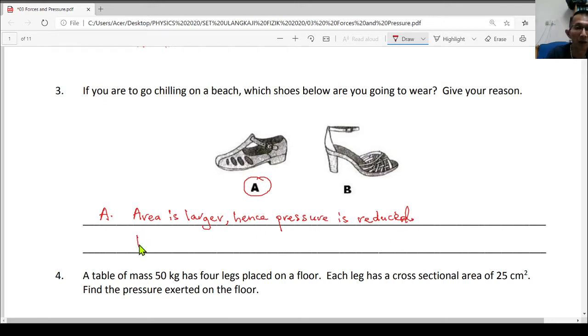Hence the shoes won't sink into the sand.